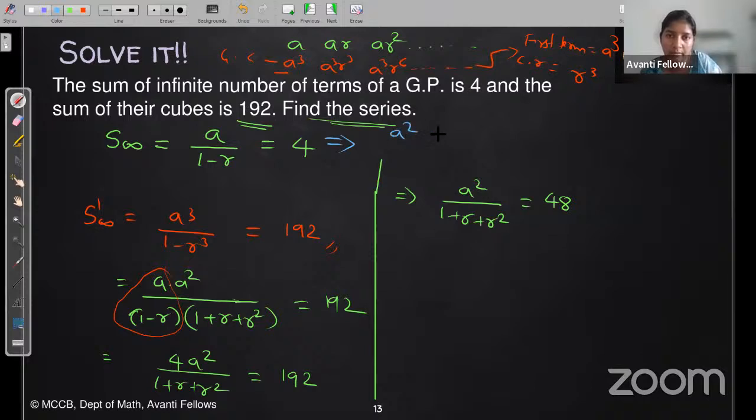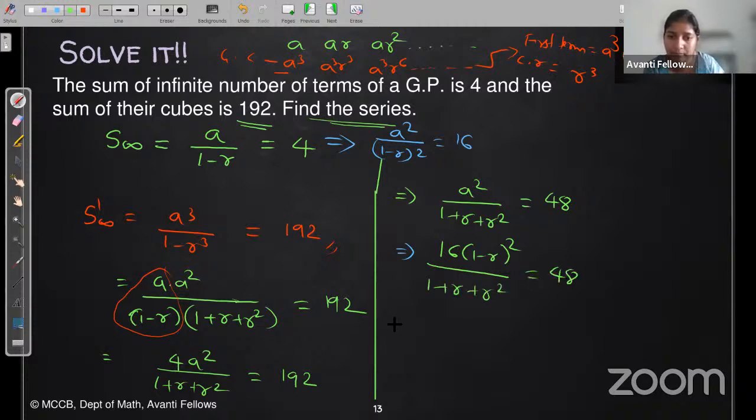We will get a squared divided by 1 minus r, whole squared, is equal to 16, right? So I can write a squared as 16 into 1 minus r squared. Here I'll replace a squared by 16 into 1 minus r, whole squared, divided by 1 plus r squared is equal to 48.